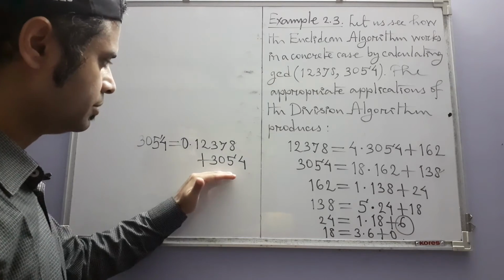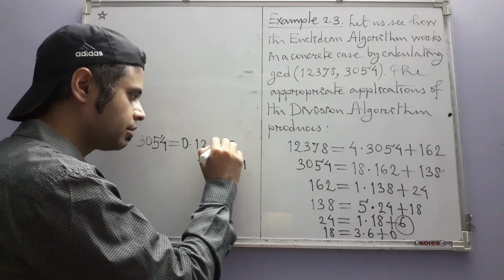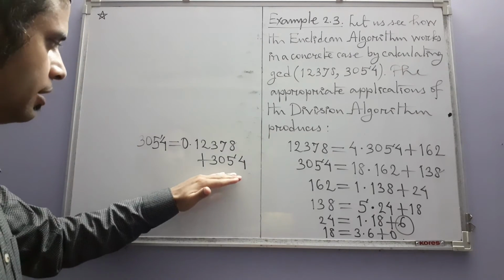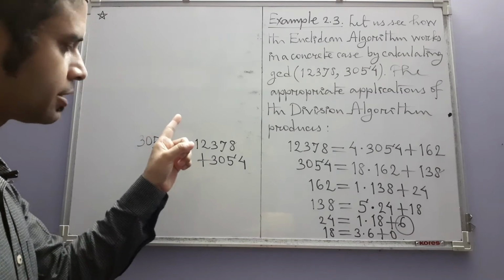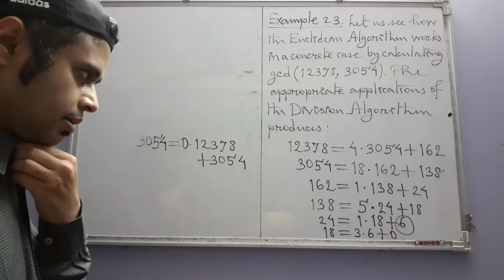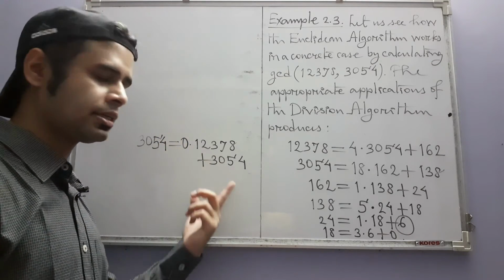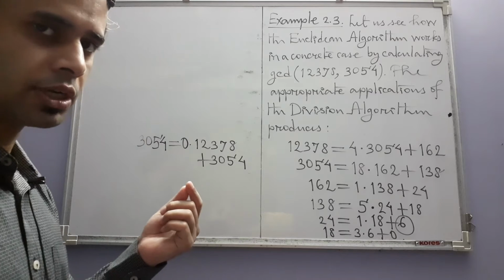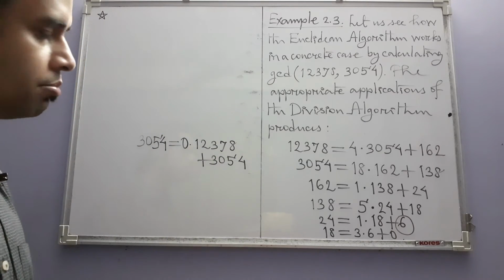From the division algorithm we know, because once we find an equation like this, the division algorithm tells us that the quotient and remainder are unique. From there we know that this has to be the quotient and this has to be the remainder. But there is another way of looking at it without appealing to the division algorithm itself.